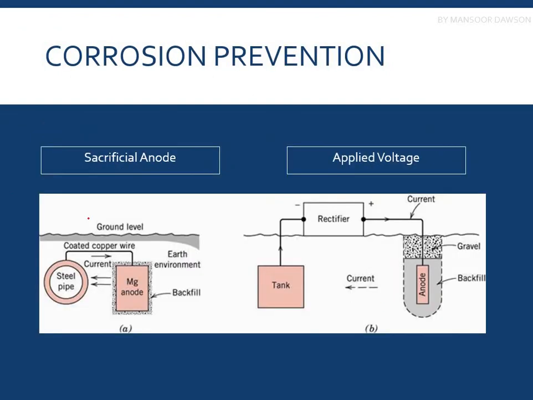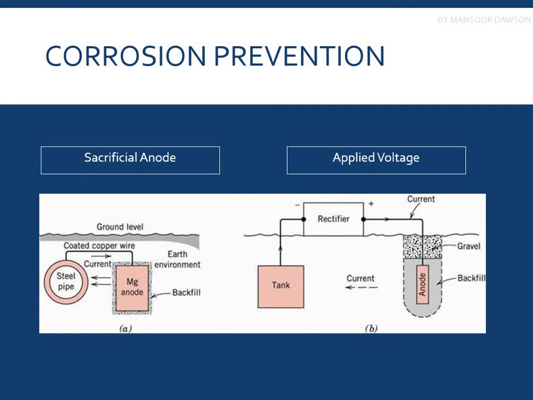So in cathodic protection, you use a sacrificial anode, or you may apply some current, some electrons, to your part in order to prevent the corrosion from occurring. In a sacrificial anode, let's suppose you have a steel pipe inserted underground in a corrosive environment.